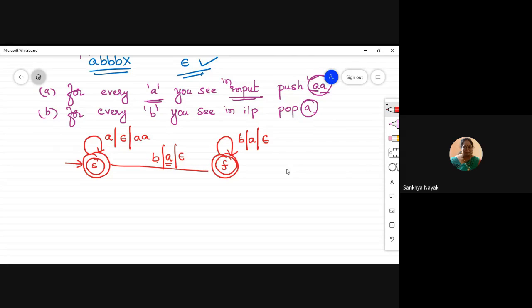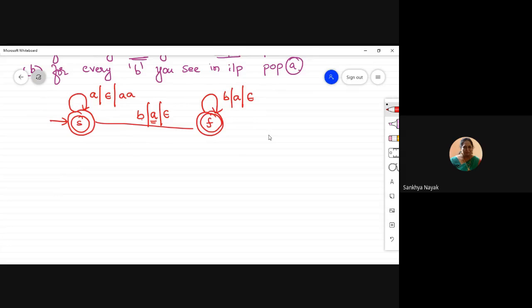Now let us see one computation to accept it and one to reject it. So let us take A and 4 Bs as my initial string. Nothing is there in the stack. So as I said, if you are in state S, and doesn't matter what is there in the stack, for a single A, I am going to push 2 A's and I will remain in state S itself.